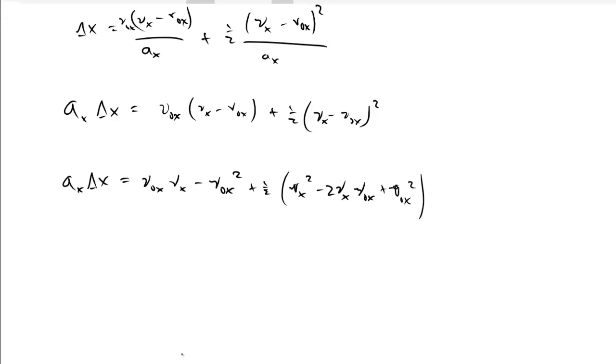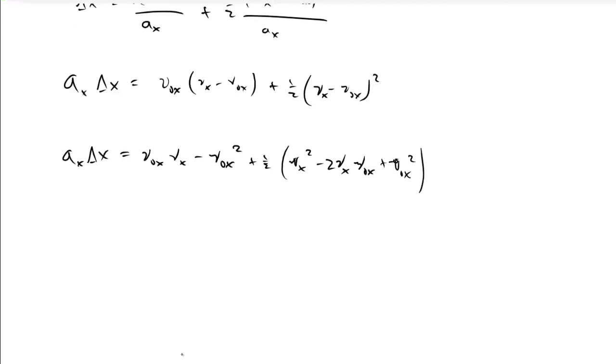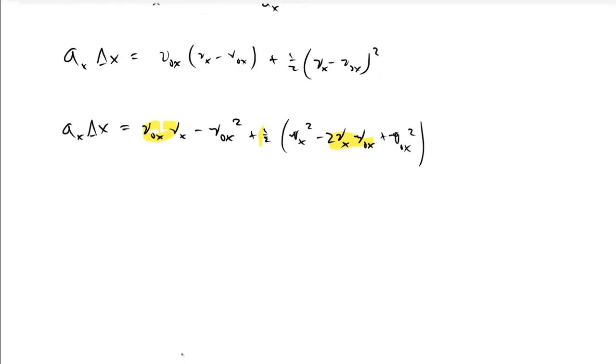And then we can see here that we'll have 1/2 times the 2 vx v naught x. This would be minus that, and we have a positive here, so these are going to cancel out.